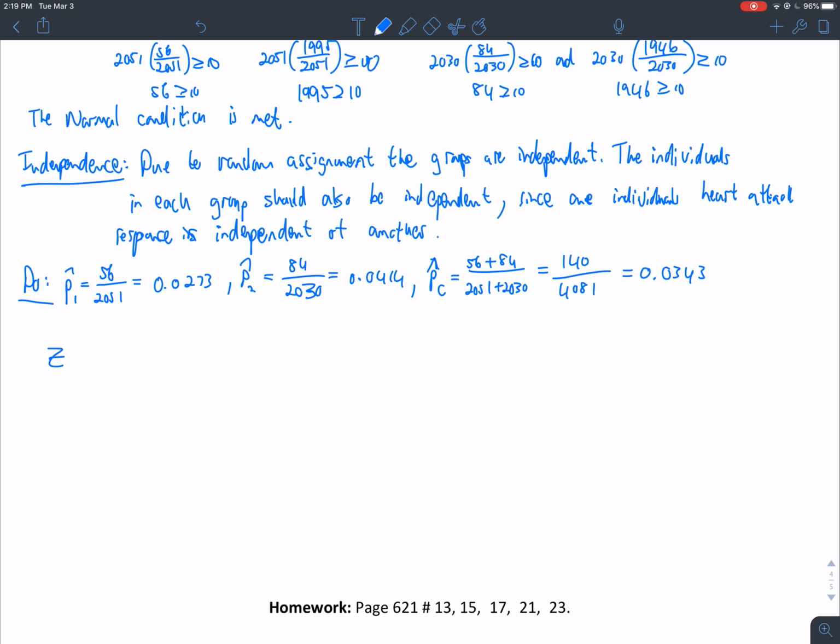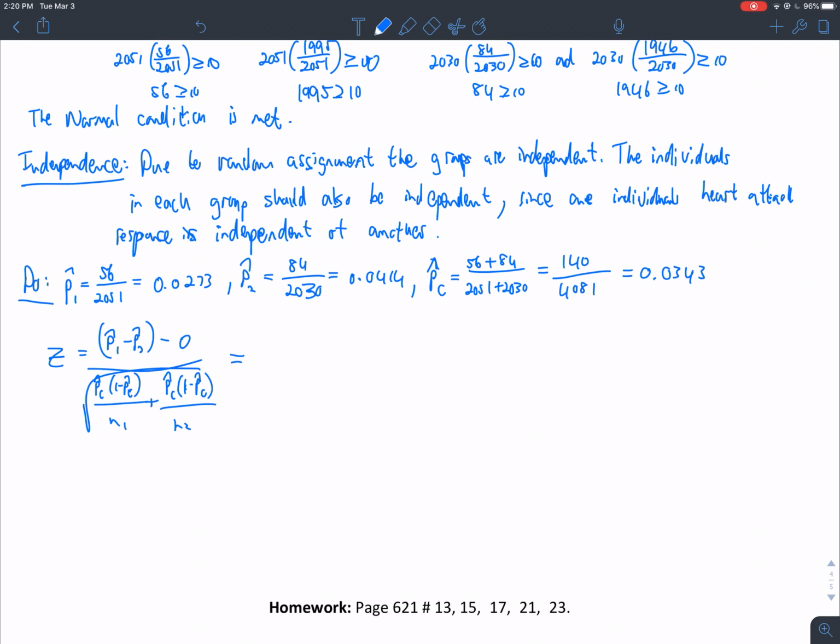Okay? And so we have all that information. We can do my test statistic again. Test statistic is this: p hat 1 minus p hat 2, minus the assumption that they're the same, over the square root of p hat c times 1 minus p hat c over n1, plus p hat c times 1 minus p hat c over n2.